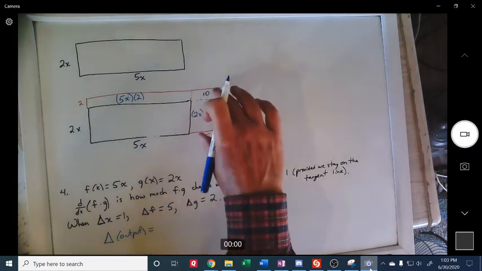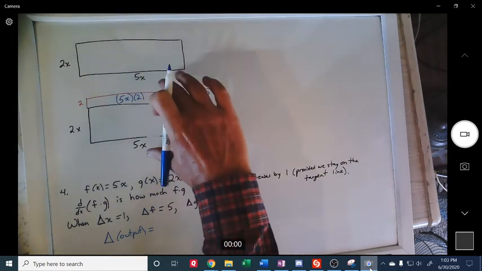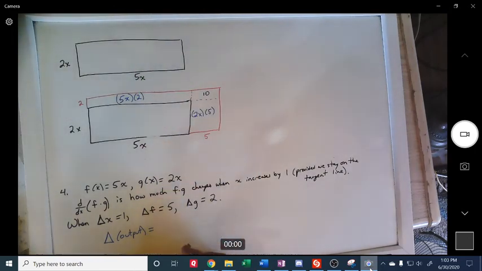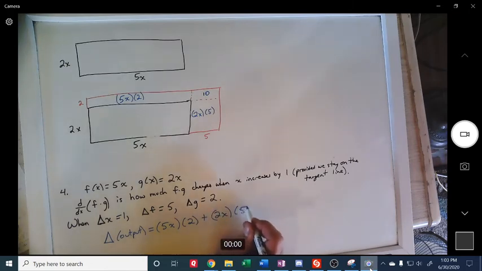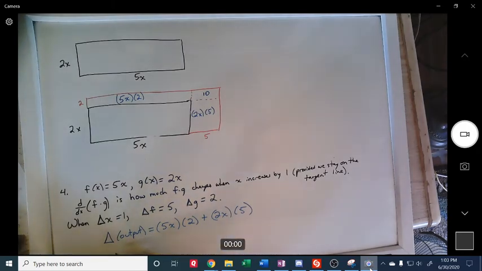How much did the output change going from this rectangle to the bigger rectangle? Is 5x times 2 plus 2x times 5. Now, this is going to be the vast majority of the change.